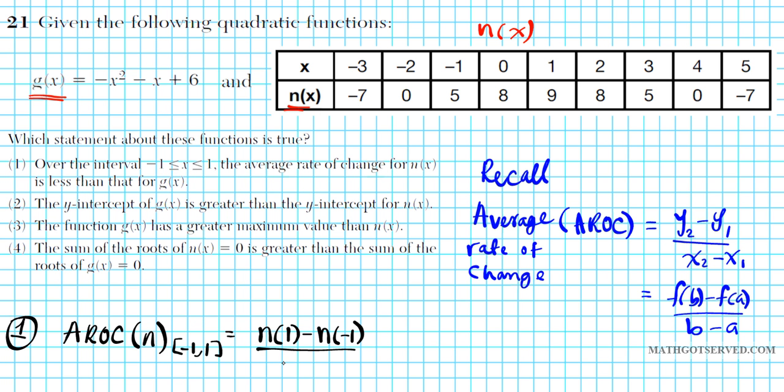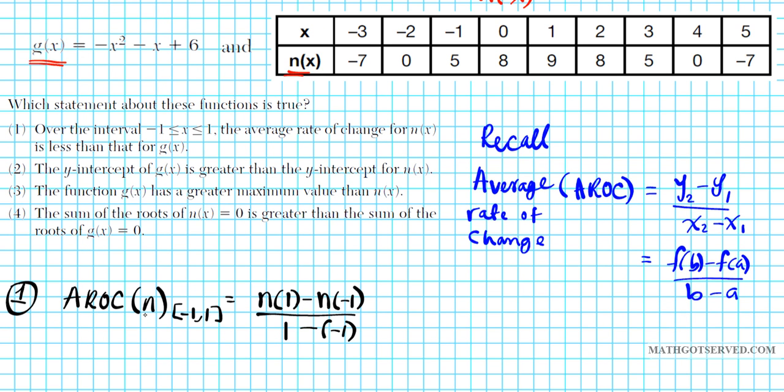Okay, rise over run, so you're going to go 1 minus -1. Just keep in mind that for n, this is a and this is b. So we're doing n of b minus n of a divided by b minus a. Okay, so this is your rise over run.